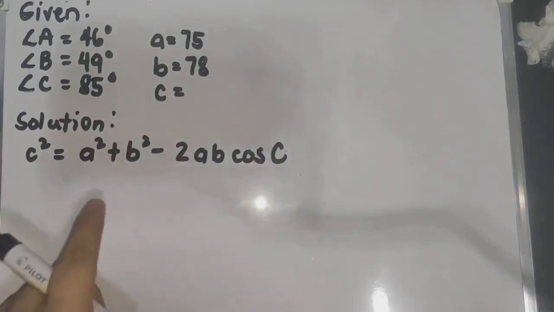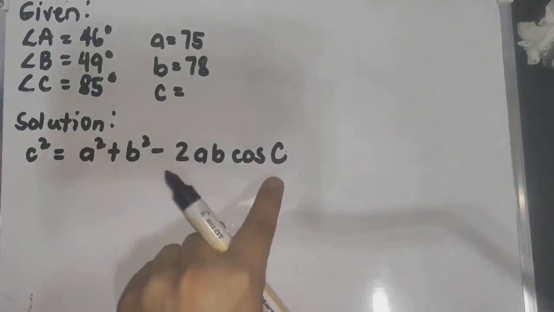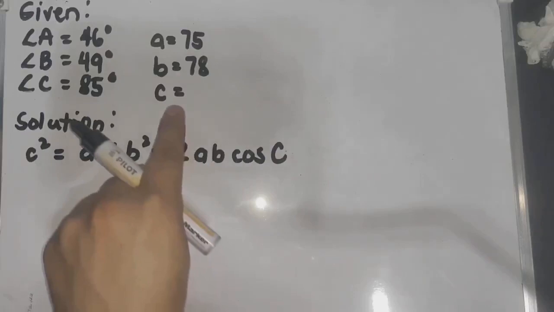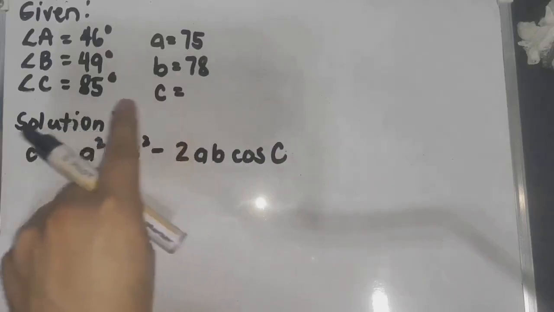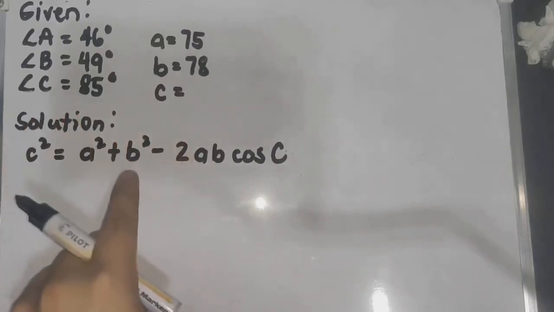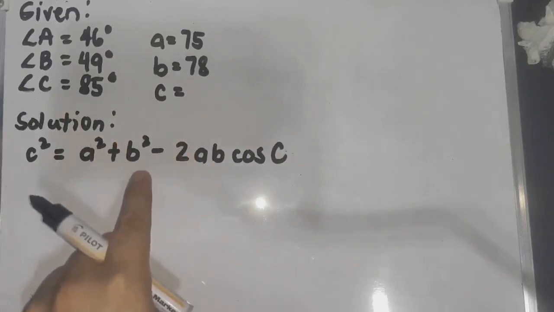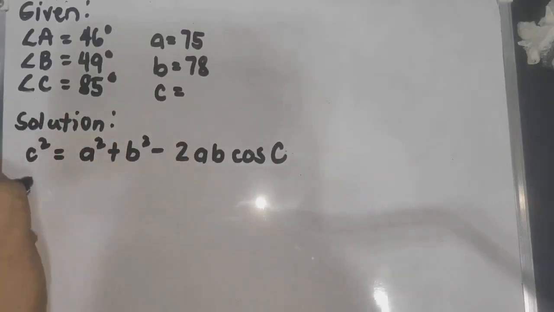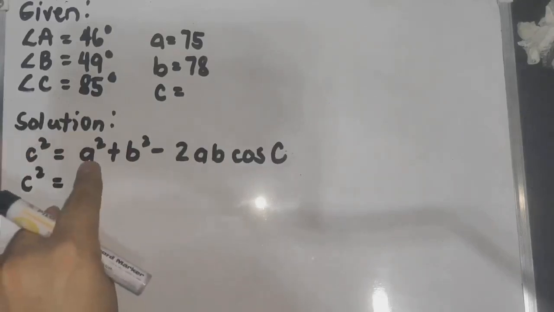Okay? Ito hindi natin pwedeng gamitin kung wala yung angle C. Kung inuna natin yung side C na hanapin, pero wala pa ring value yung angle C, hindi natin to pwedeng gamitin. Okay? So, C squared is equal to, ano ba ang value ng A natin?